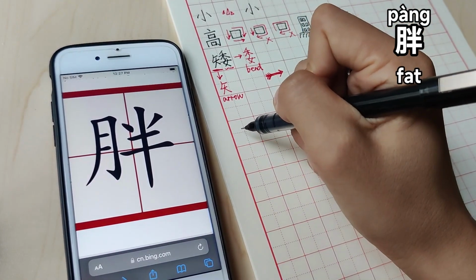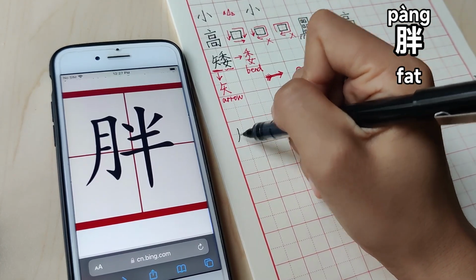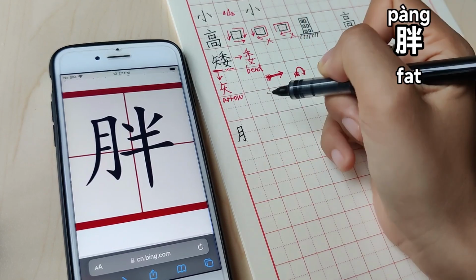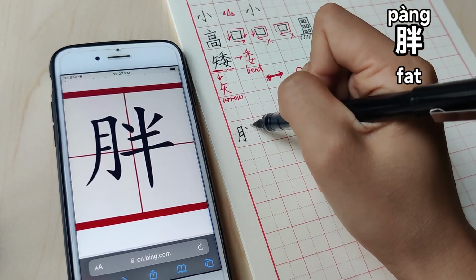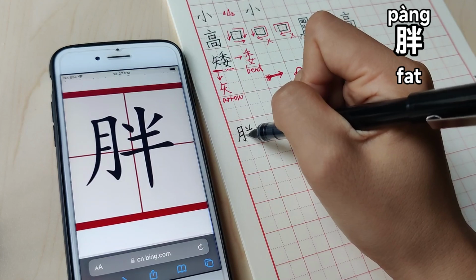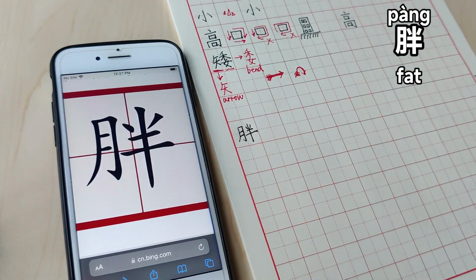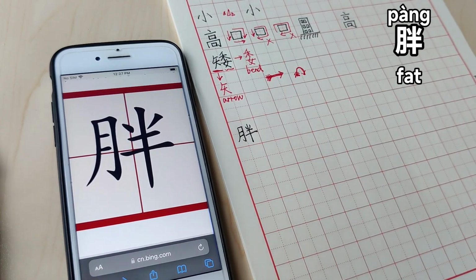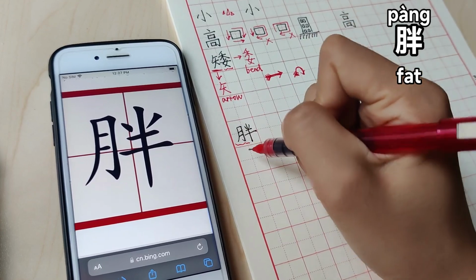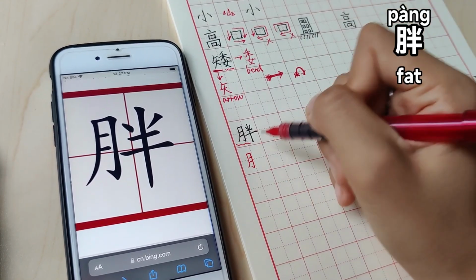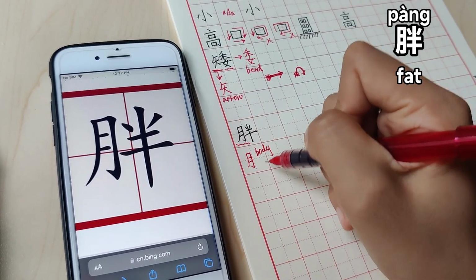Goes 1, 2, 3, 4. And then 5, 6, 7, 8, 9. So that is 胖. The left part, this one, is the body radical.